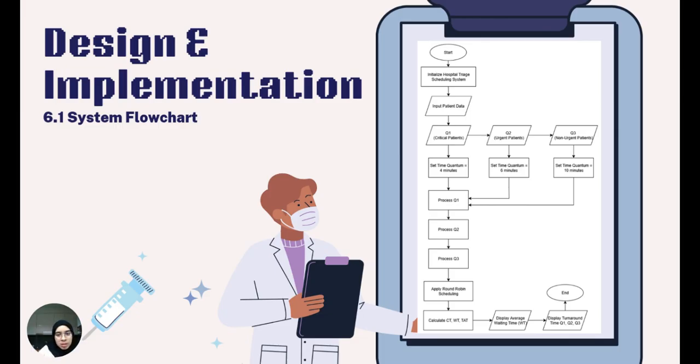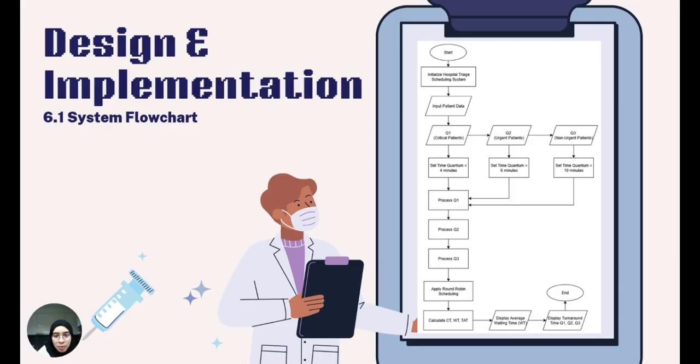So this is the system flowchart. Firstly, it initializes the hospital triage scheduling system, then inputs patient data, and you can see Q1 for critical patients, Q2 for urgent patients, and Q3 for non-urgent patients. We set the time quantum in our coding to 4 minutes for Q1, 6 minutes for Q2, and 10 minutes for Q3.